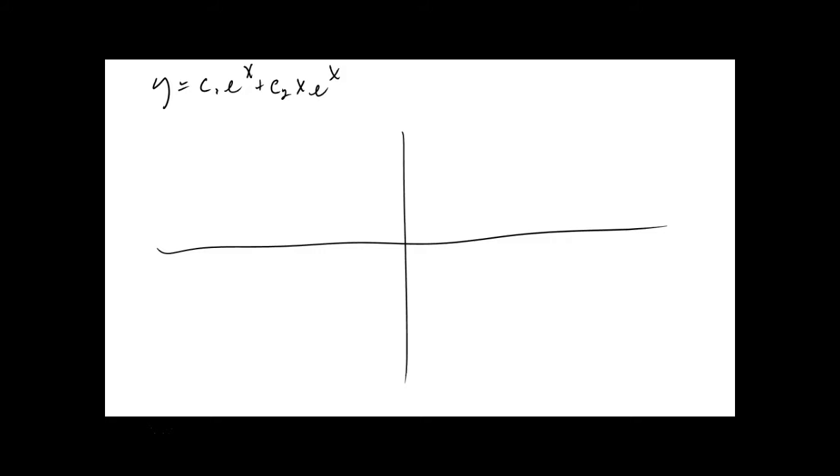There's just so many different things that it's really hard to do. When x is negative, e to the x is going to 0, right?